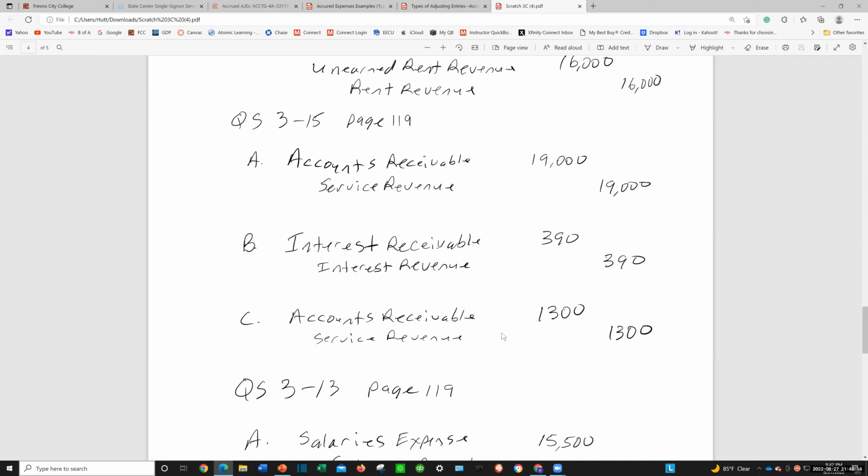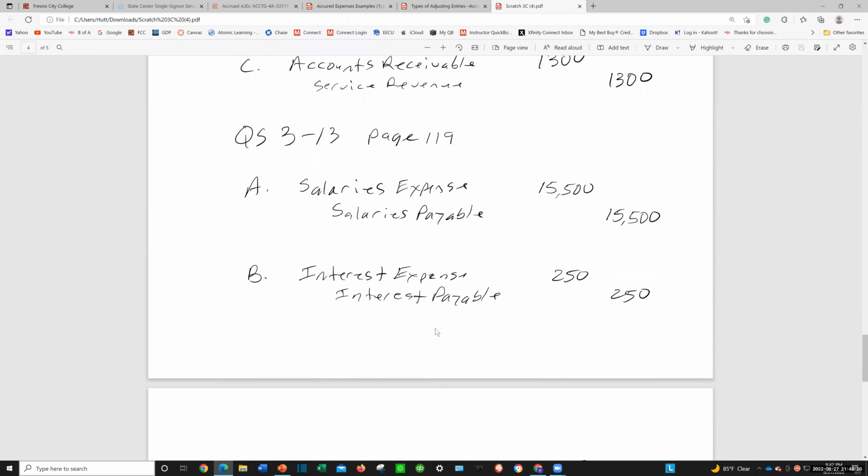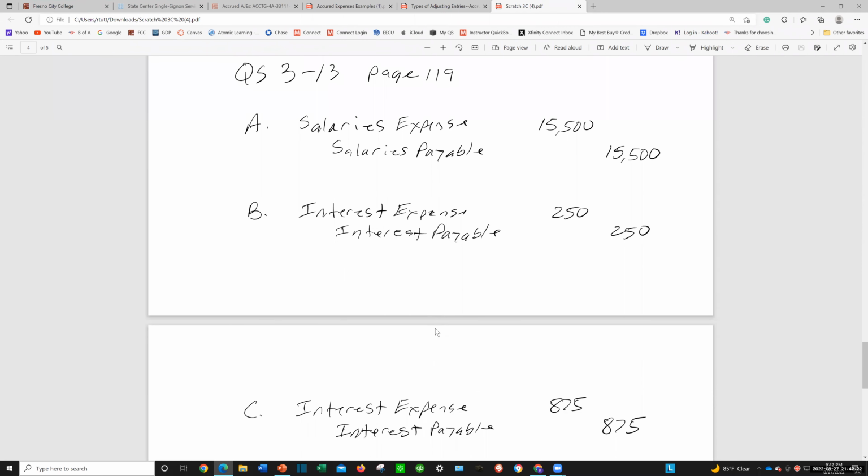Let's go ahead and do 3-13 on page 119. Okay, so A is dealing with salaries payable. If you read on page 119, Quick Study 3-13, at year end, salaries expense of 15,500 has been incurred, which means it happened by the company, but it has not yet been paid to employees.